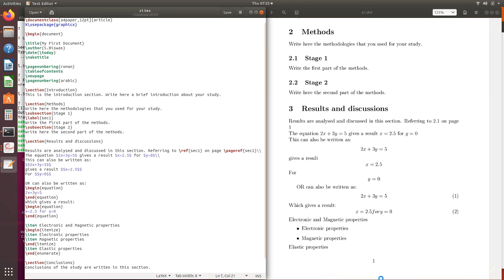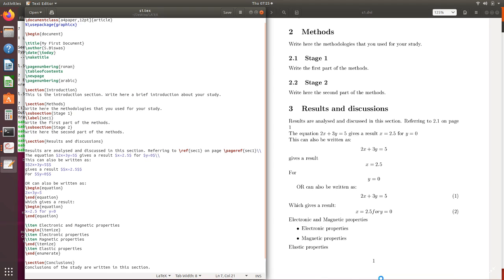You can type your equation very comfortably, and the formatting of those equations becomes very interesting in LaTeX. Okay, so let us start from the very beginning.